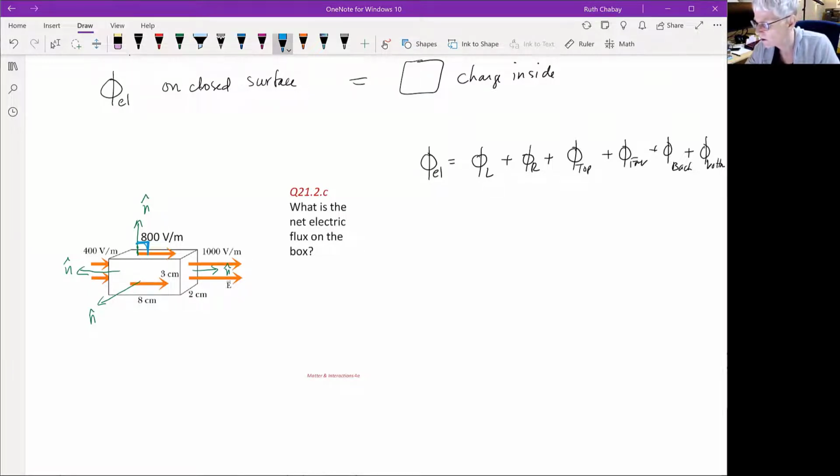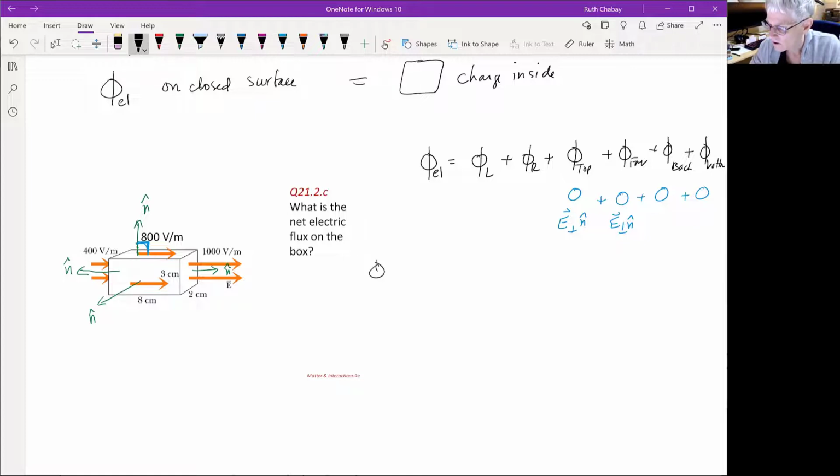That's a right angle. So by inspection, we can see that that's 0 because E is perpendicular to n hat. And that's also true on the front, and it's going to be true on the back, and it's going to be true on the bottom. So we really only have to do a little arithmetic on the left and right faces.